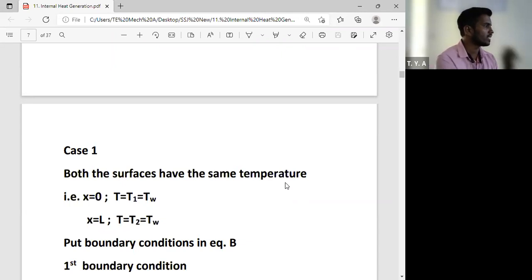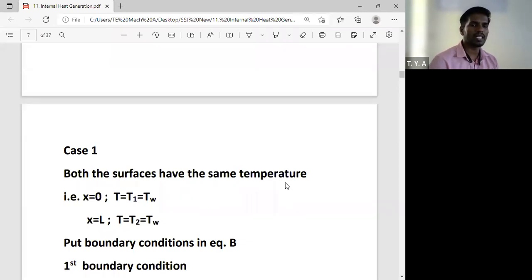Okay, so at x is equal to 0, T is equal to T1, but we are considering that both the surfaces have the same temperature, and that is nothing but TW. So T is equal to T1 is equal to TW.